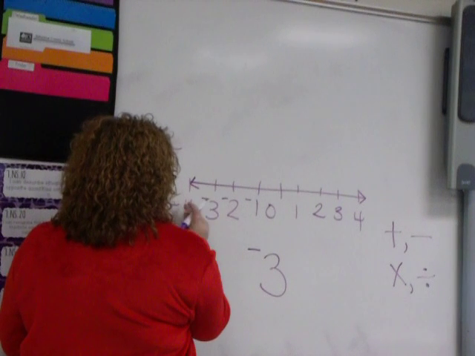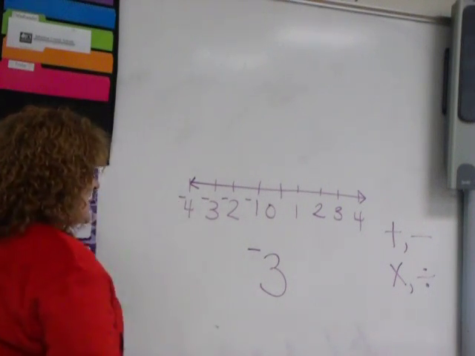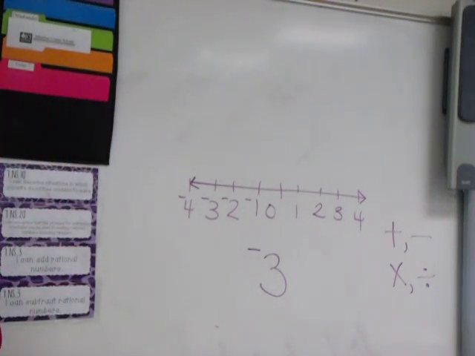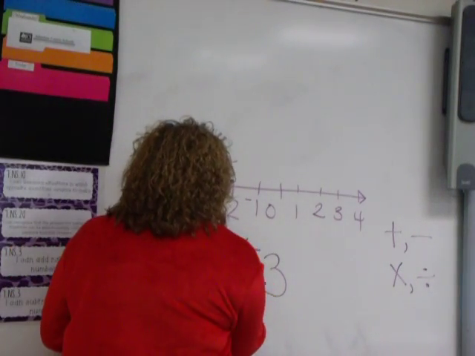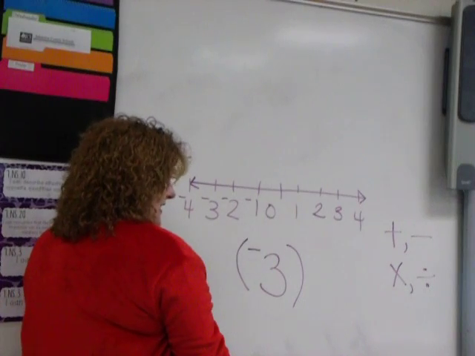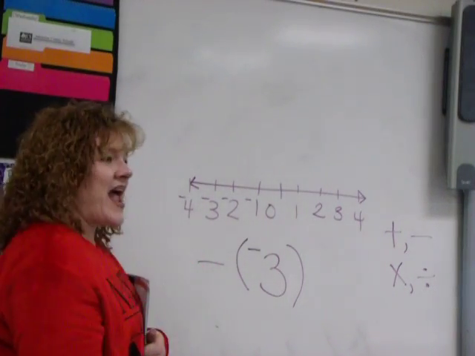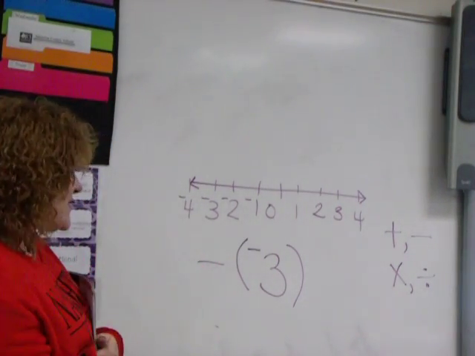So if I were going to go in here and make sure that I had raised signs, that's what they would look like. That means for a while, be very meticulous at how you put that negative on the number. A lot of times when I write them, you will see me put the negative number in parentheses. That way, if I have to subtract a negative, then that's what it would look like.